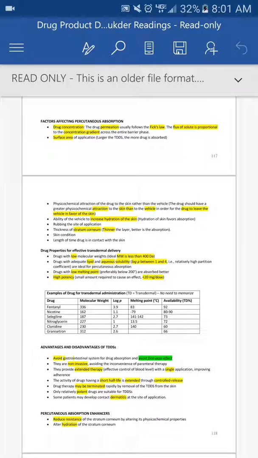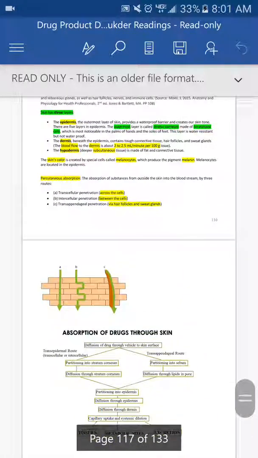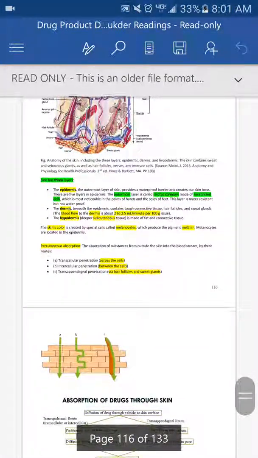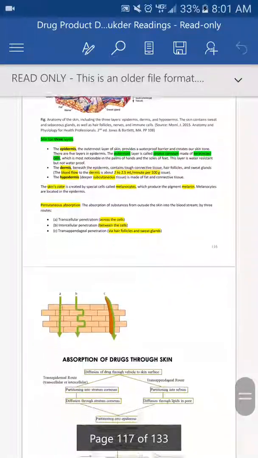If it doesn't leave the vehicle, it won't ever be absorbed into the skin at the proper site down in the dermis. So remember, it goes epidermis, dermis, and then hypodermis. The dermis is where you're going to have the majority of your absorption.